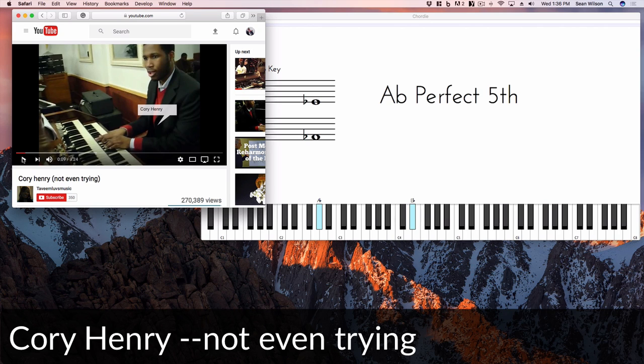Now my ear is hearing a lot of tension. And the reason it's hearing a lot of tension is because he's probably changing the quality of the chord every so often. If he were not changing the quality of the chord, let's say he was using only minors, so we already know he's doing that, because that's a minor chord, right?